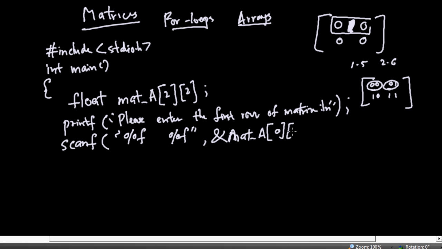So it's 0 0, then comma, and then you're going to put the second one into matrix A, the second one, so it's 0 1. There, this is the first line.